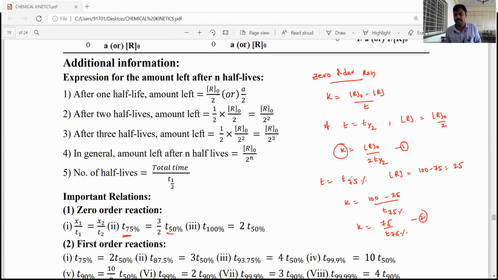In both cases, K is constant. Just R naught by 2 T half is equal to 75 by T 75%. You just have to simplify, dear students.